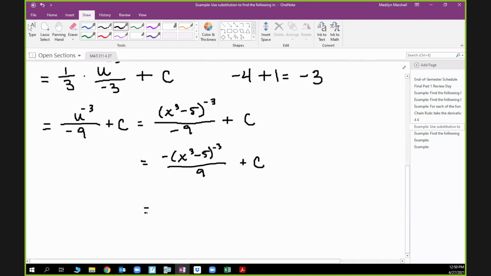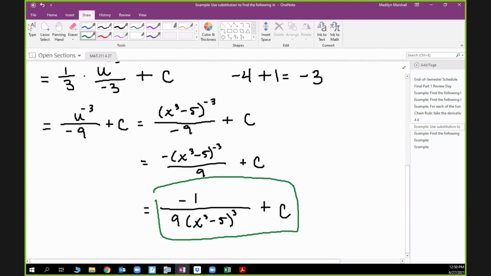You can also make that exponent negative by bringing that whole thing down.